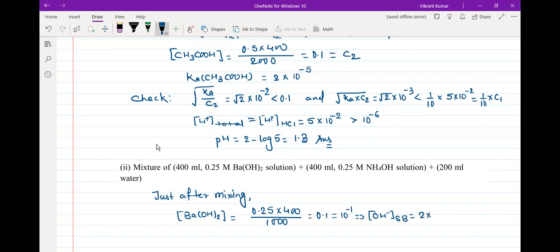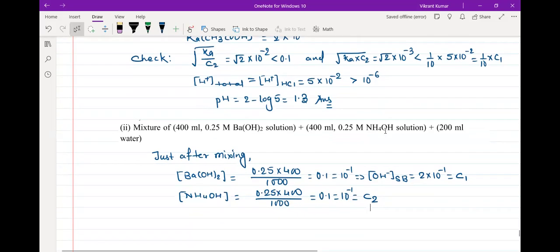This will be 2 into 10 raised to minus 1. We are calling it C1. The concentration of NH4OH will be 0.25 into 400 upon 1000. This is coming 0.1 or 10 raised to minus 1, and we are calling it C2.